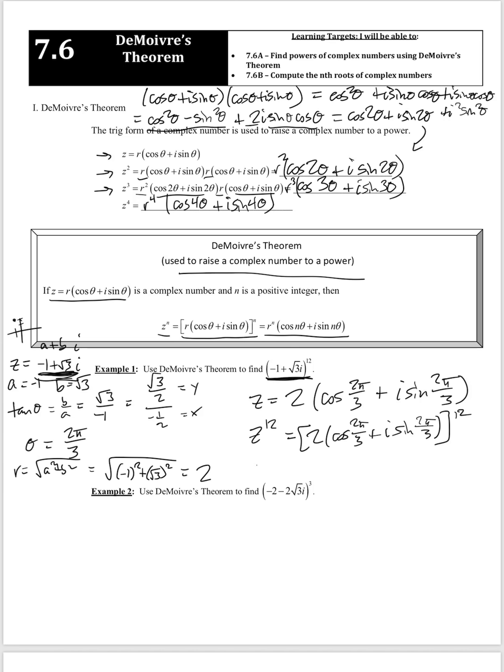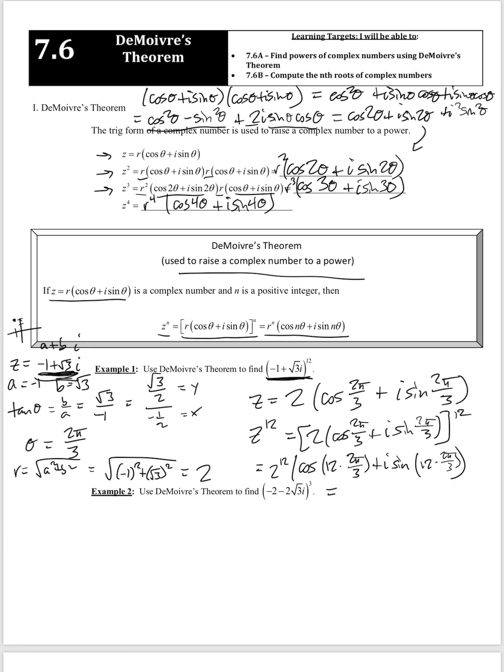Using DeMoivre's theorem, that's r to the 12th power times cosine of n times theta, where n is 12 and theta is 2pi over 3, plus i times sine of n times theta. Now I know that looks like a mess, but I promise it simplifies really nicely.